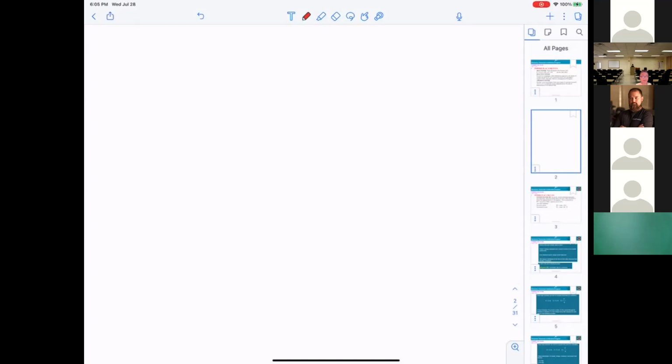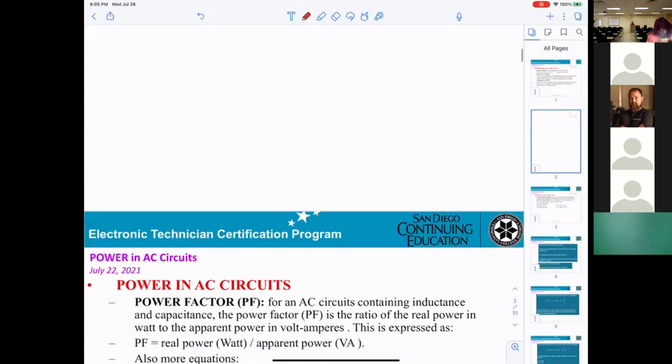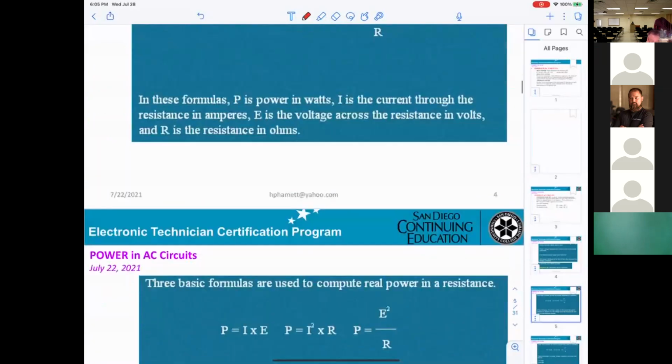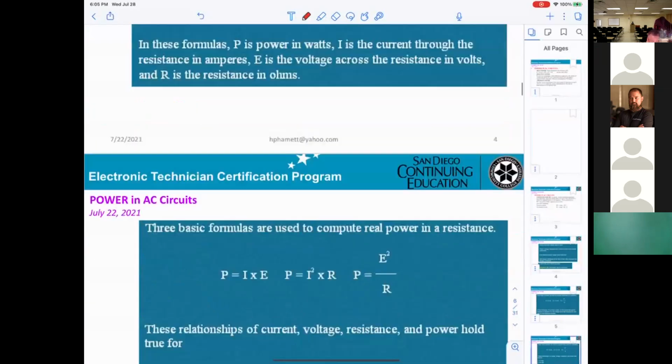Now the definition for the power factor is real power divided by apparent power. Okay, so what is the power factor telling you? If you go again through what we already told you.